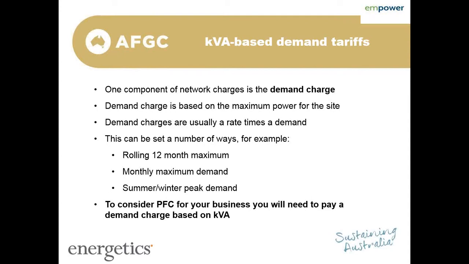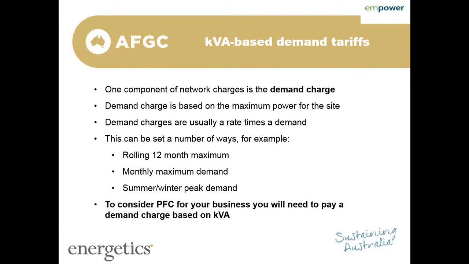So if you've got a really high demand, your charge is going to be larger than a site with a lower demand, typically. And usually it's a fixed annual rate, so you get charged a certain amount per kVA or per kilowatt per year, and that's multiplied by the actual figure for your demand.